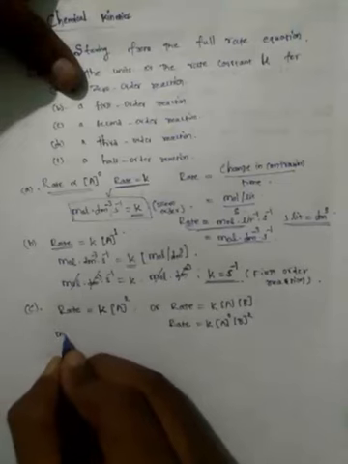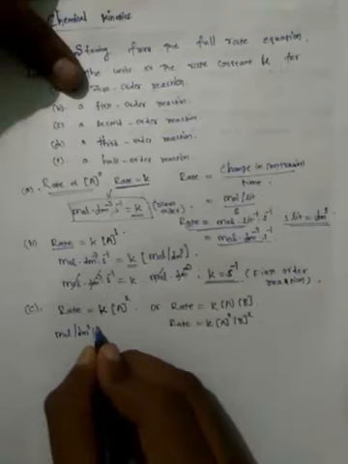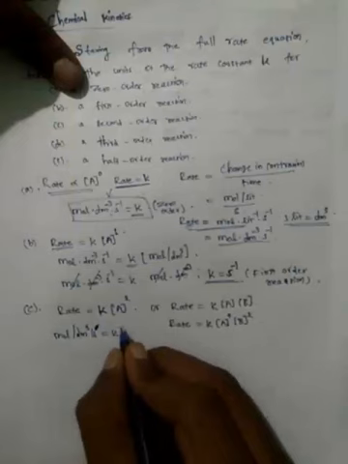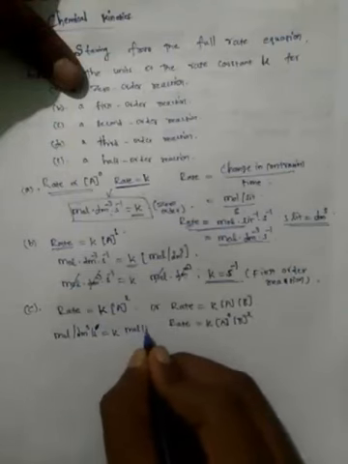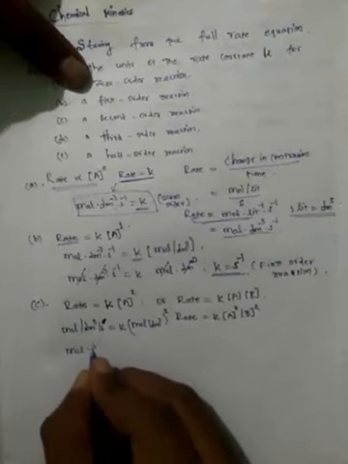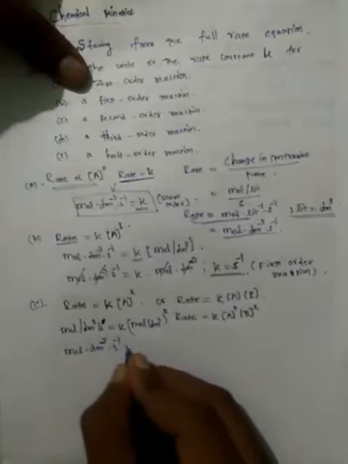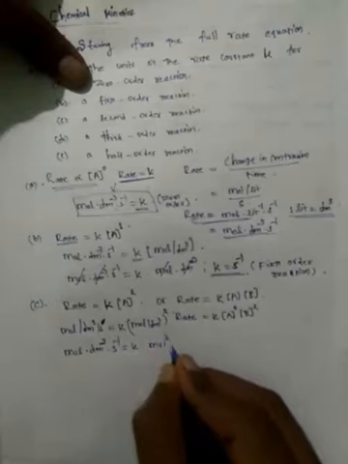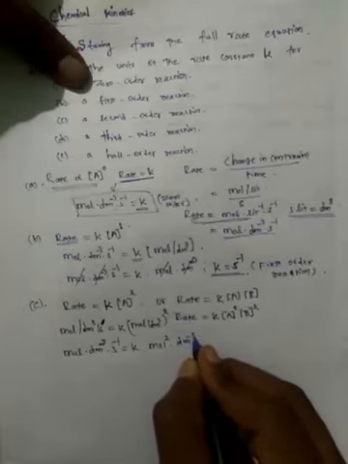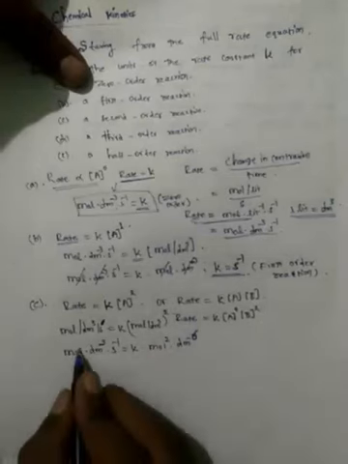Then we'll write rate is mole per decimeter cube per second, equal to K times A squared, where the concentration A is mole per decimeter cube, squared. Therefore K is mole per decimeter cube per second divided by mole square decimeter inverse six. Therefore I can strike out the mole.